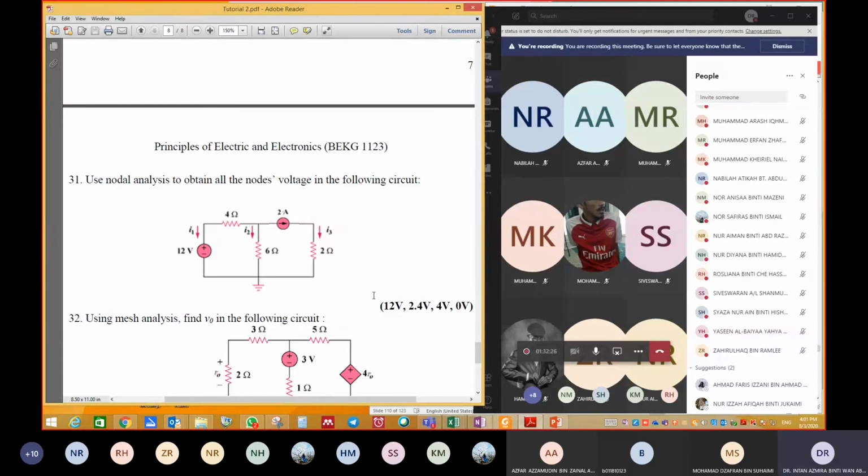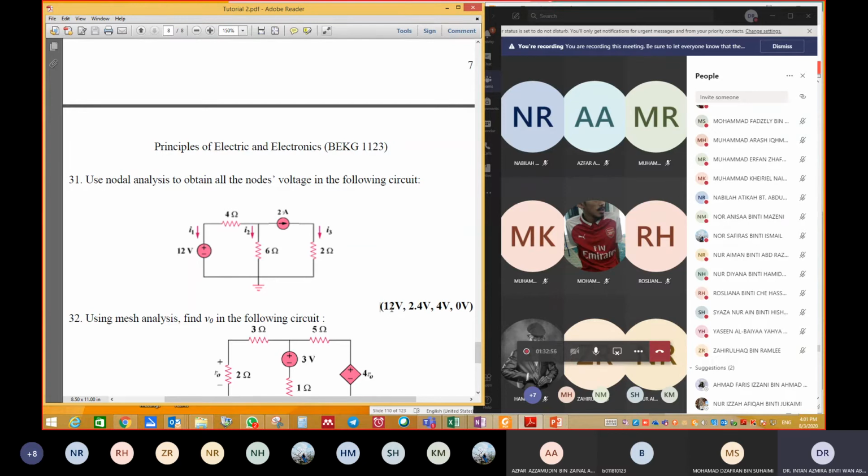In your opinion, how many nodes here? Two. Actually, if we refer to the answer, it seems like we have 4 nodes, right? Obtain all the nodes voltage, meaning that we have nodes here, 1, 2 here, 3 here, and 4 here. That's why we have 4 answers here.